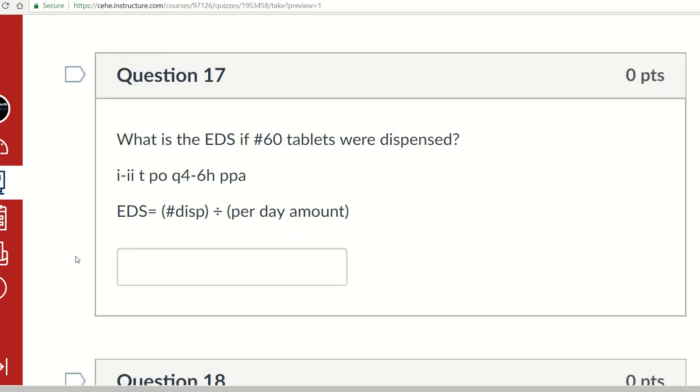All right, so that's very important. We need to figure out the per day amount, the maximum amount of drug that the patient will use in a day. So that's EDS, estimated days supply. So in this question, if we gave the patient 60 tablets and they followed this regimen, how many days would that last?